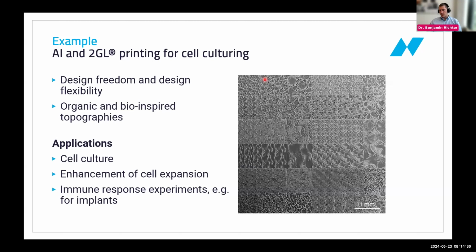Then I also promised you to talk a little bit about AI-generated surfaces. These surfaces were generated by AI, where we told the AI to make grayscale images of organic-looking structures.